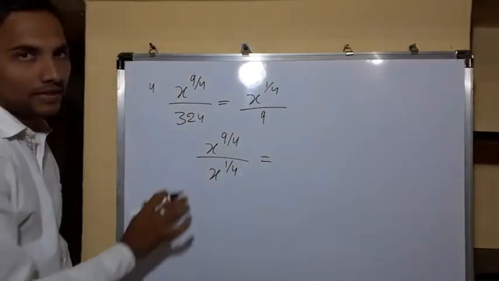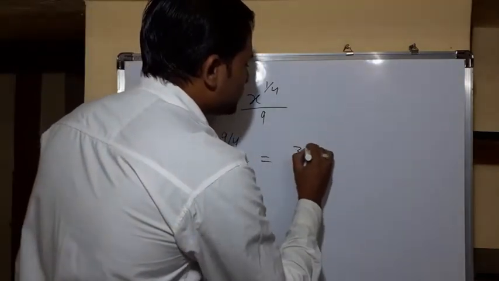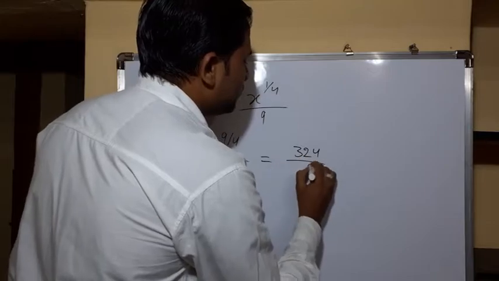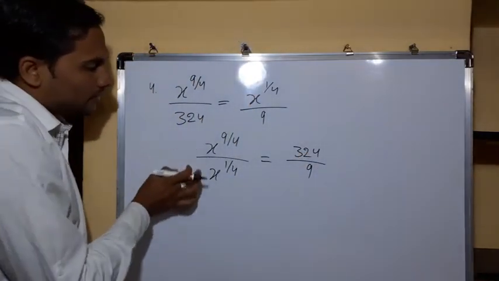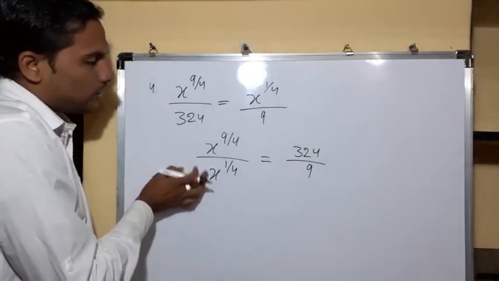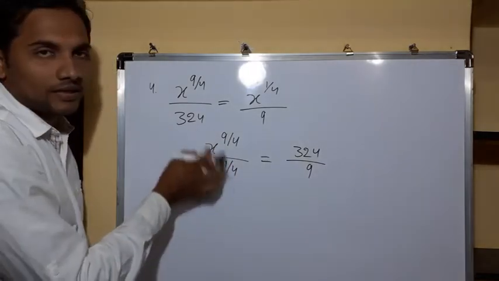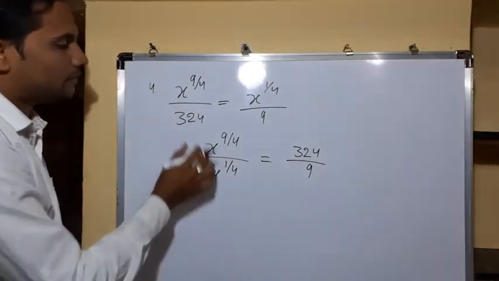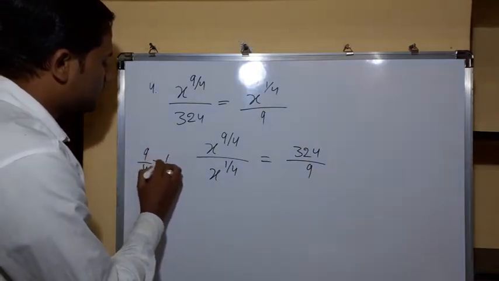I am separating the like terms on one side and the unlike terms on the other side. Right, friends? So now see here, the bases are same, so apply the law of division. What it says, you can subtract the powers. So 9 by 4 minus 1 by 4. How much is it?